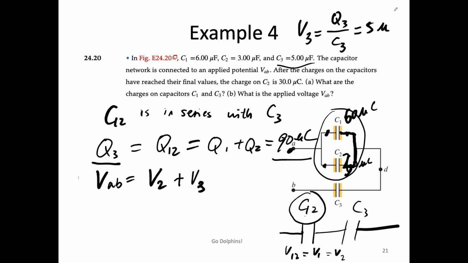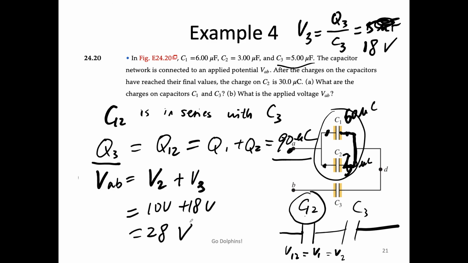C3 is 5 microfarad. So V3 is 90 over 5, 18 volt. So the potential between A and B is 10 volt plus 18 volt, 28 volt. Okay, so that's all for capacitors.